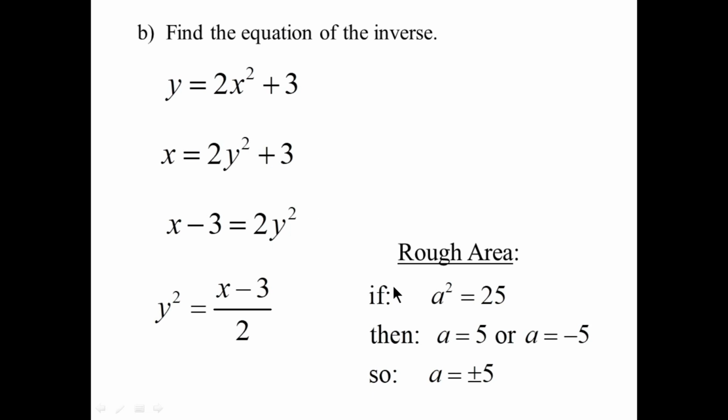Here's the reason. Let's take a look in the rough area. If a squared was 25, then a could be 5, because 5 squared is 25, or a might be minus 5, because minus 5 when squared is also 25. So if a squared equals 25, a is plus or minus 5, the square root of 25. Rule: when we take the square root of both sides, we put plus or minus on one side.